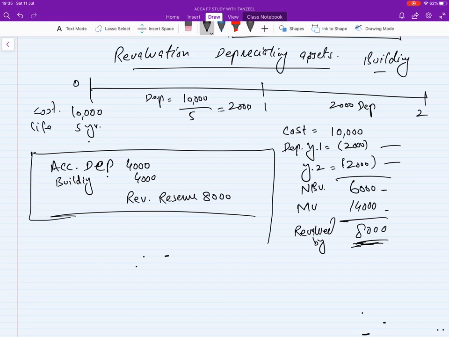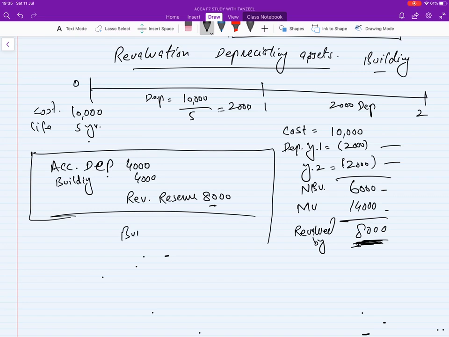It means first reverse all the depreciation you have, we reversed it. Second, the market value, revalued by 8,000, this is your reserve, so 8,000 reserve. And then you can debit the building for this. It means 4,000 will go to the building.